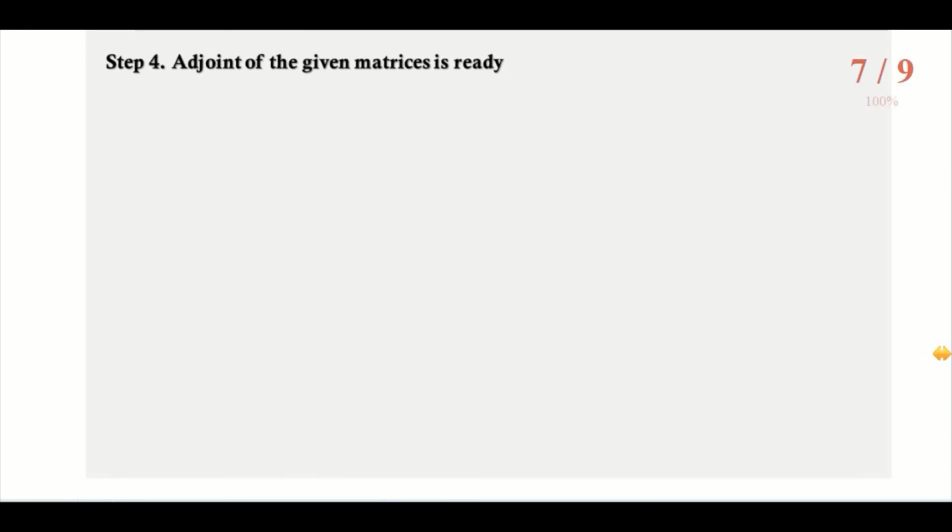So now the last step, the adjoint of matrix A, that we get after all this: 1 1 minus 1, then minus 1 1 minus 1, 0 0 2, after we have taken the transpose. Are you getting it?